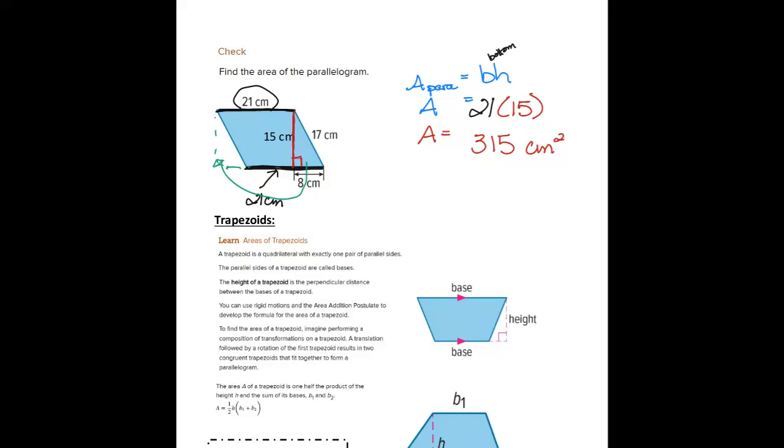Let's see here. Radians, normal, float, classic. Mode.